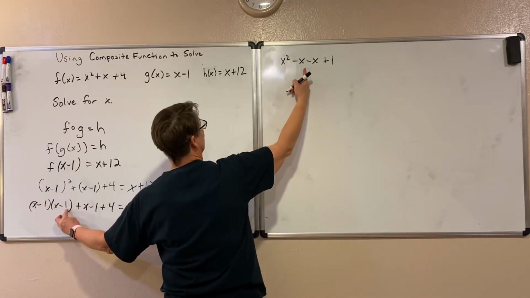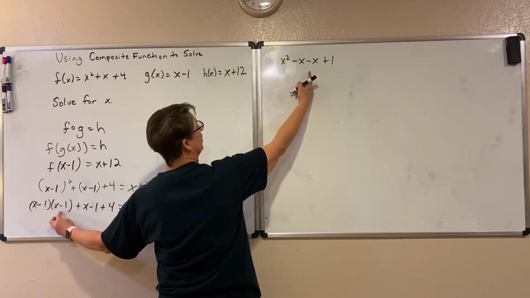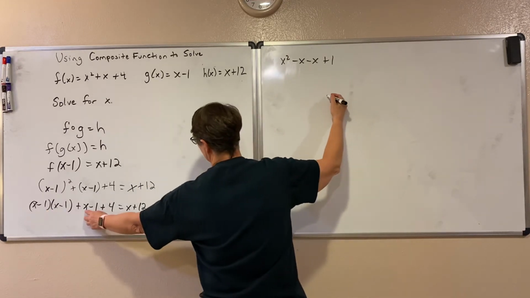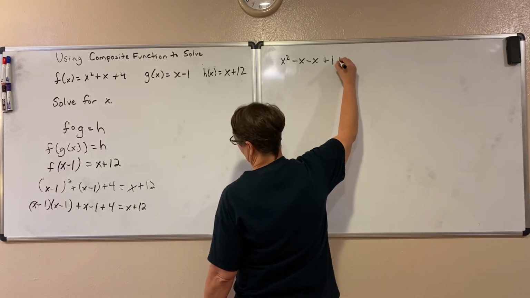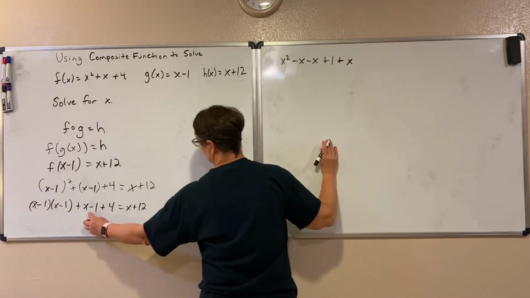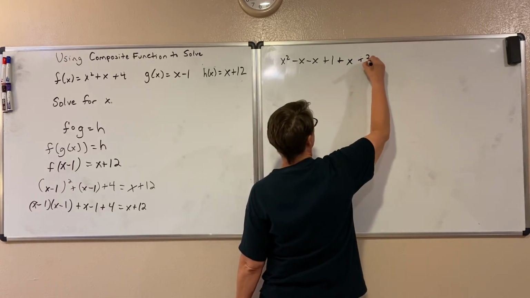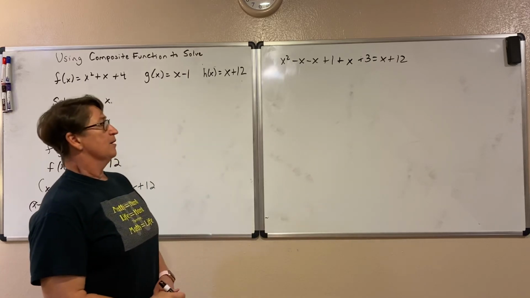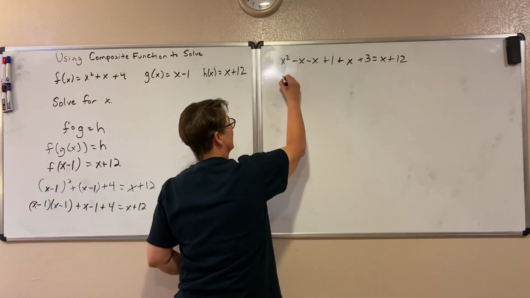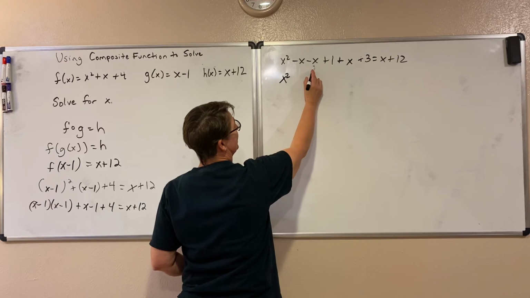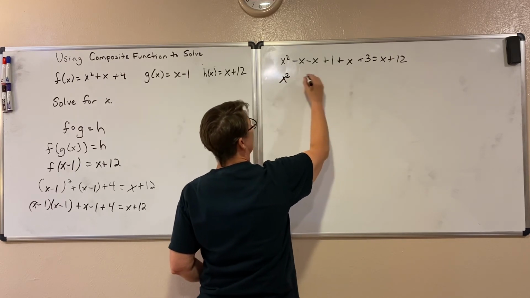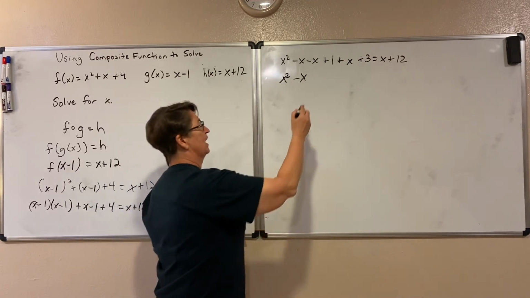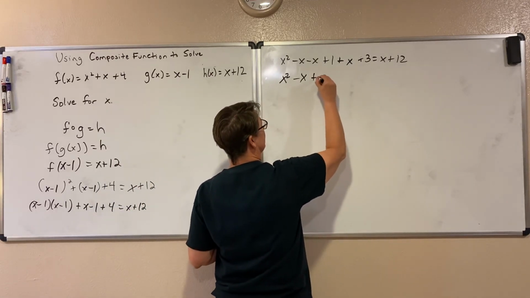X times a negative 1 gives me a negative x. Negative 1 times x gives me a negative x, and negative 1 times negative 1 gives me that 1. Then I'm just adding plus x. This negative 1 plus 4 gives me 3. Combine like terms so that I have x squared, and negative 2 plus 1 gives me a negative 1x. Combine my like terms here. 1 plus 3 gives me 4.